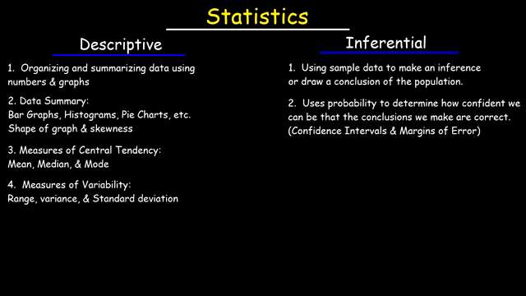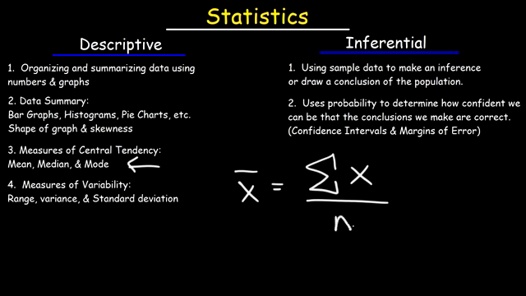Now we can also describe our data using numbers. So for instance, under measures of central tendency, we have things like the mean, the median, and the mode. Now there's two types of means that you want to be familiar with. The first one is the sample mean, which is basically the sum of your sample data divided by the number of data items in your sample.